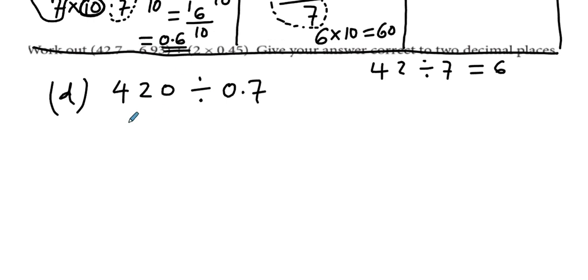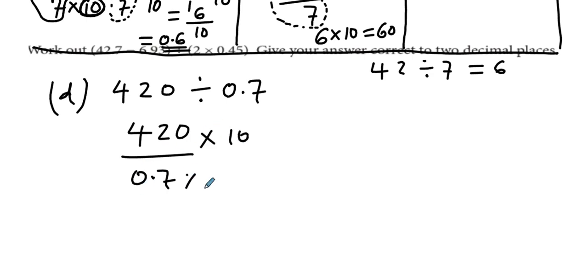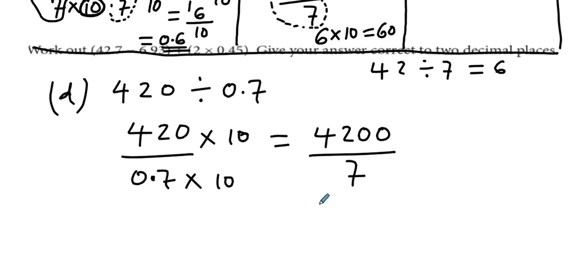Set this one as a fraction, so it will be 420 divided by 0.7. Now, multiply by 10 to take out the decimal place. So this will be 4200 over 7.